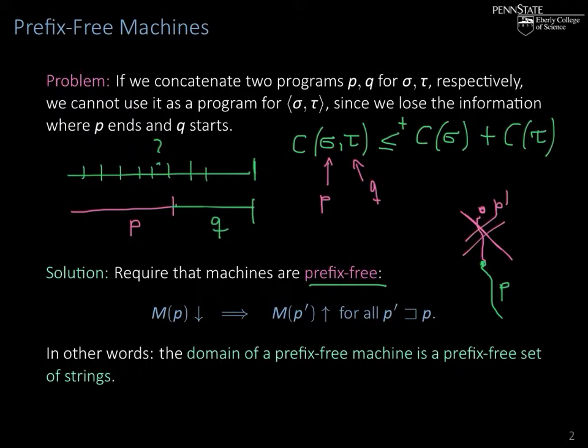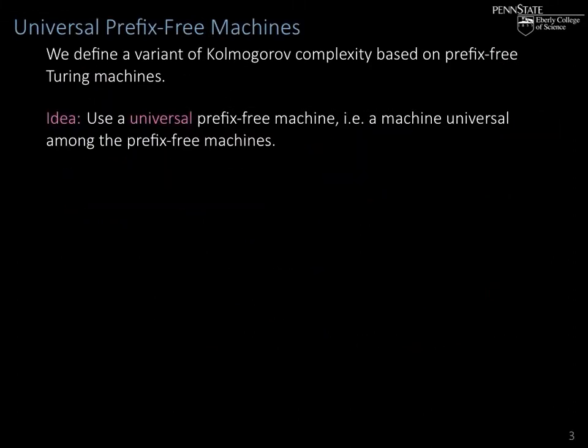If that's found, I know that this must be my P. Then I'll just run the universal machine again on the remaining bits.